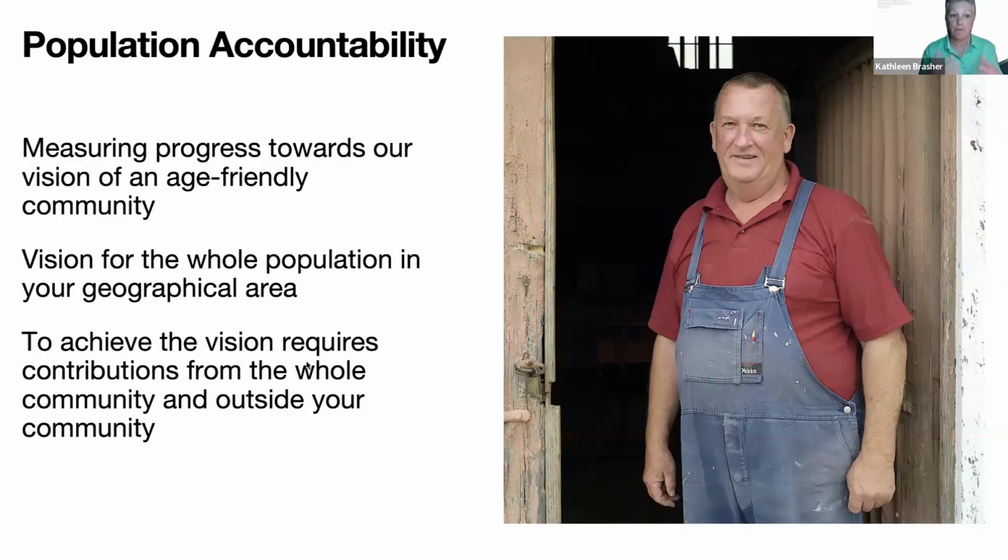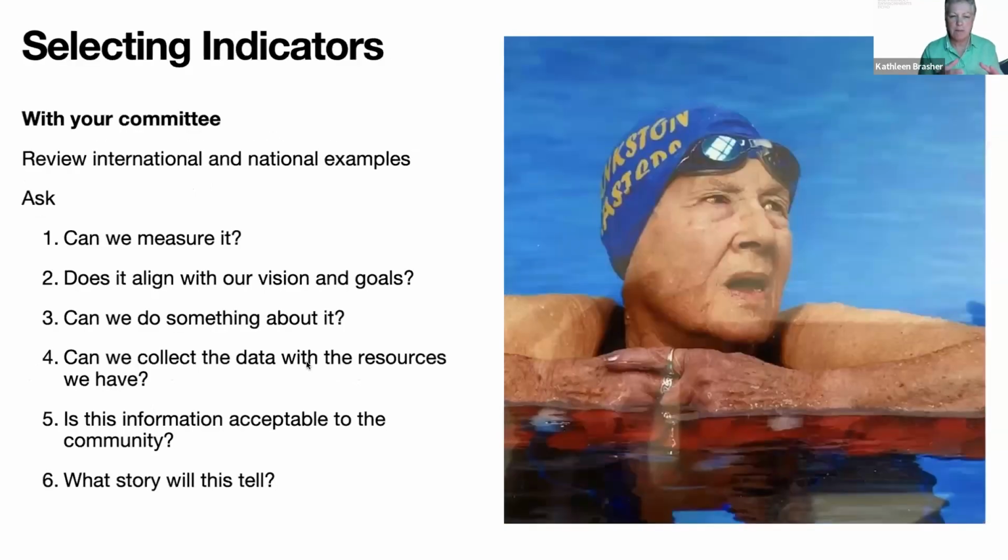So for us to develop that place that's a great place to grow old in, we need long-term change across all of those domains of an age-friendly city. But it still remains important in our own monitoring and evaluation to think about how we measure and how we monitor progress towards that vision. And to do that, we need indicators.